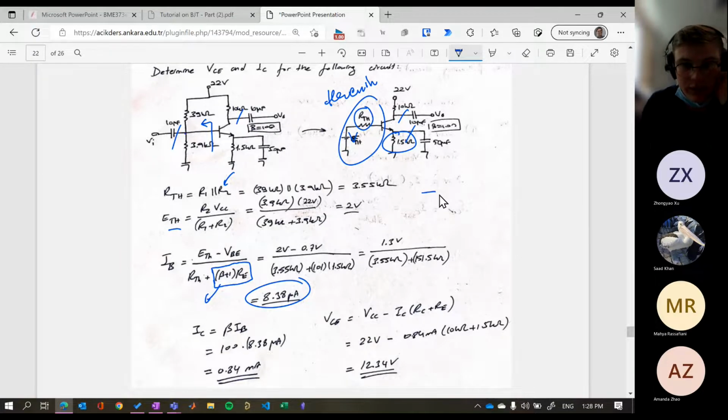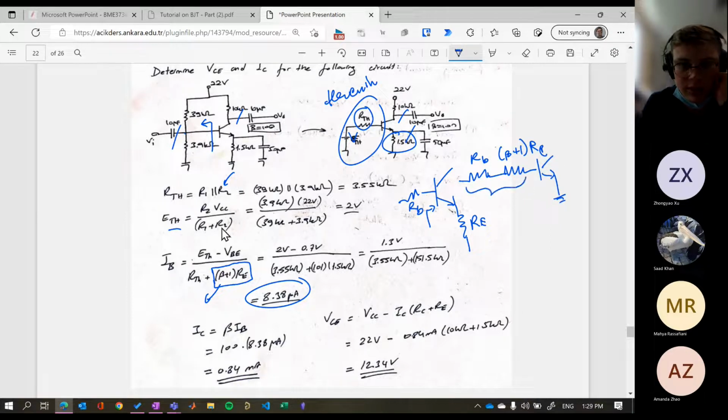If I've got my transistor like this with RE here and then RB, looking into this transistor I actually see RB and then beta plus 1 times RE. Then I hit my transistor and I can ground that.